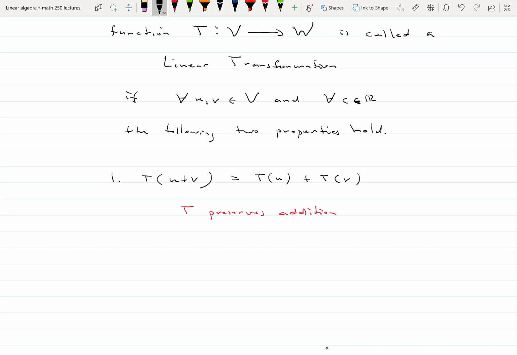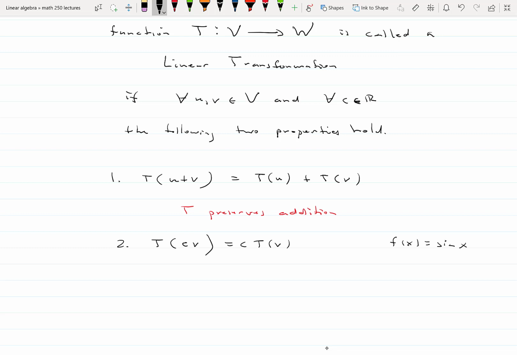So two. The function takes c times v and turns it into c times T of v. Also something that almost no function that you've studied ever does. For example, f of x equals sine of x.